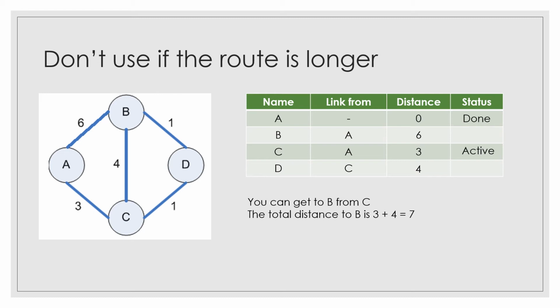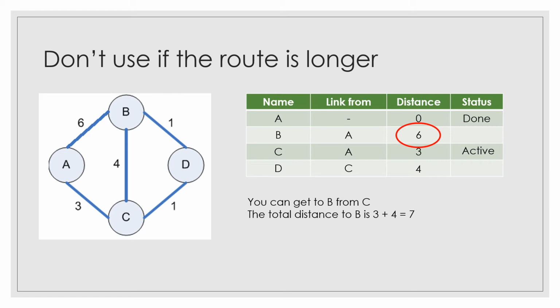What about B? Well, the total distance from A to C to B is 7. The distance from C to B is 4. C already has a distance of 3, so adding them together, that makes 7. We don't write that in because that would make it longer.